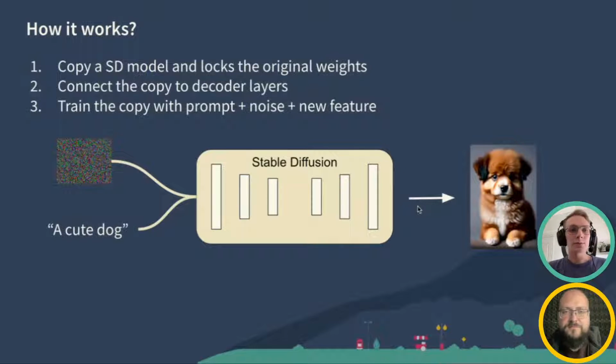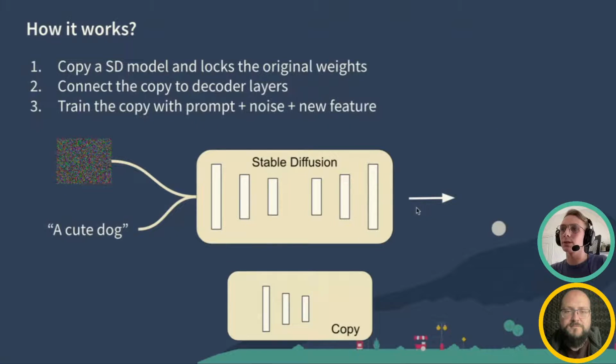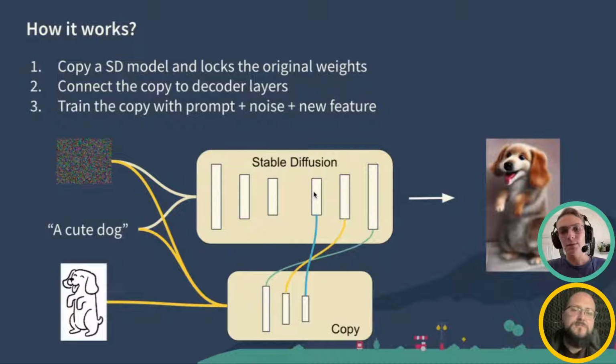So ControlNet works by copying the Stable Diffusion model and locking the original weights. So we're going to work with a copy of this model. The original weights are going to be frozen, so they are not going to change. And then we're going to connect the layers of the copy to the decoding layers of the diffusion model.